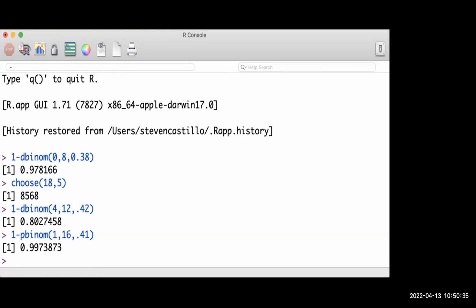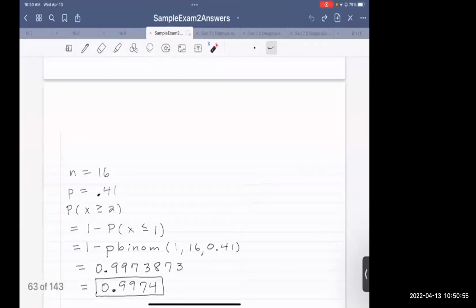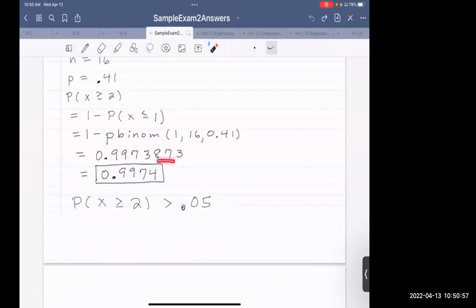And so I get 0.9973873. Let me type that into my iPad. And so I have 0.9973873, rounding to the nearest 10 thousandths, I have 0.9974.